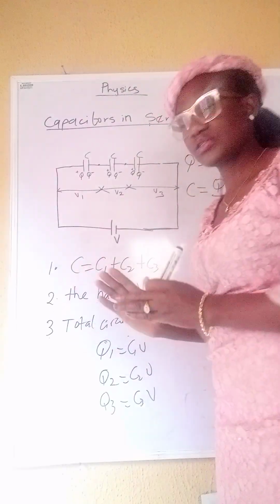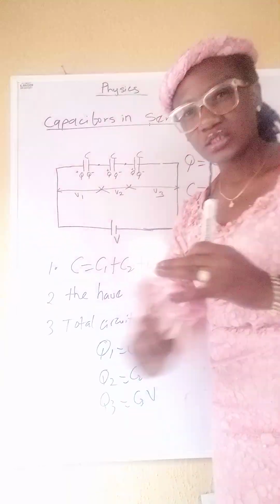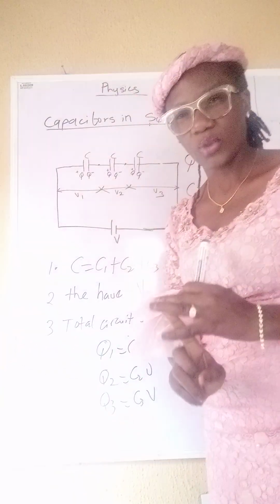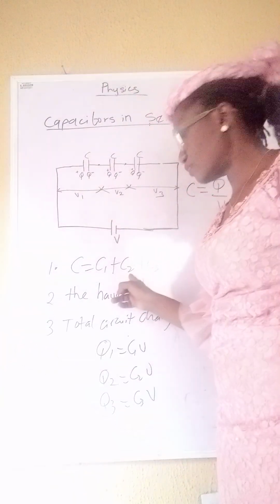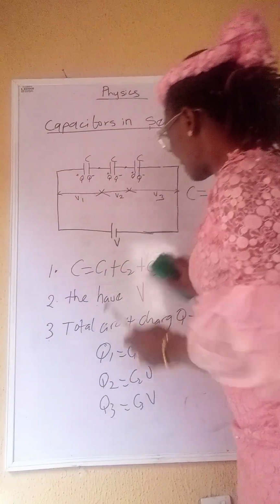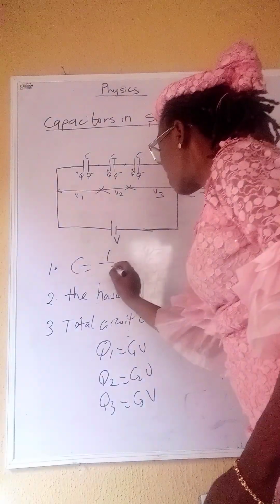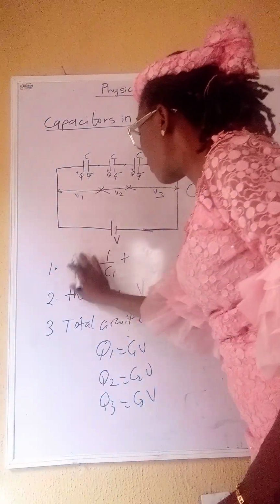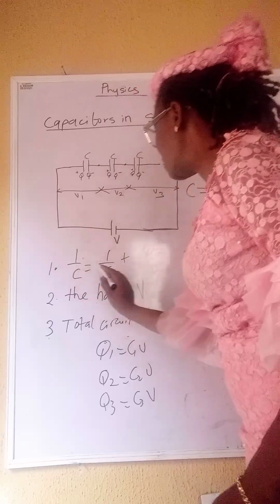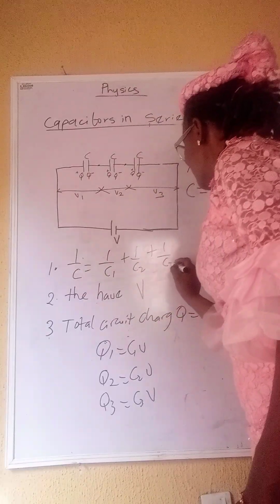Now, for capacitors in series, the equivalent, the total, the combined capacitor is the opposite of this one. It's going to be 1 over C is equal to 1 over C1 plus 1 over C2 plus 1 over C3.